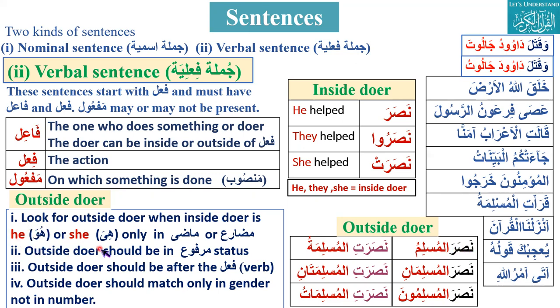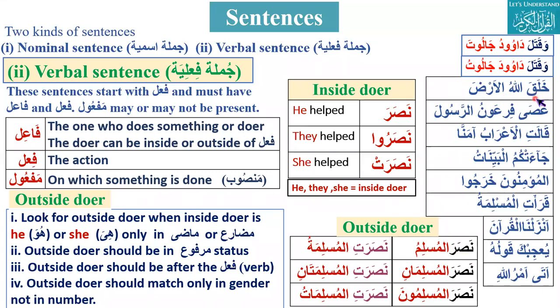When there is he or she as inside doer, we need to look for the outside doer. Muslimu is the outside doer here, and its status is marfu. So how will we translate this? A Muslim helped.